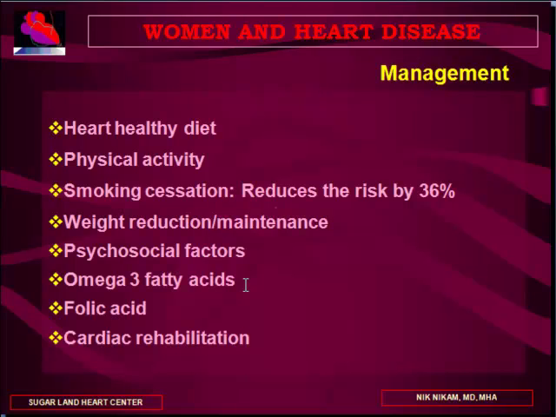Cholesterol management with nutritional supplements, diet, and drugs is of great significance in reducing the overall risk factor for heart disease. Similarly, cardiac rehabilitation is an important element in the management of heart disease.